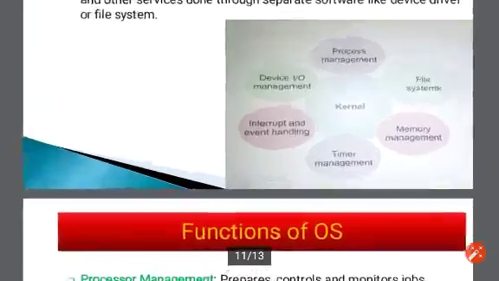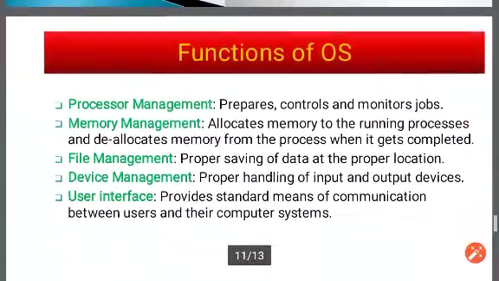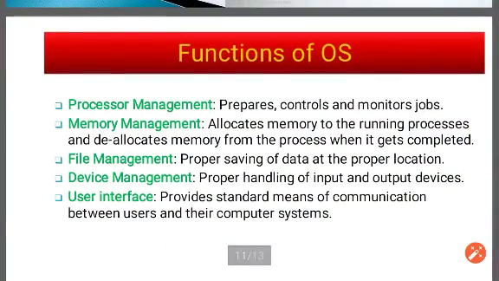Moving to functions of operating system. First, processor management. That means it prepares and controls or monitors the different programs, the different jobs in a proper manner. Then memory management, wherein the operating system is responsible to allocate memory to the running processes and deallocate memory from the processes whose work is already completed.